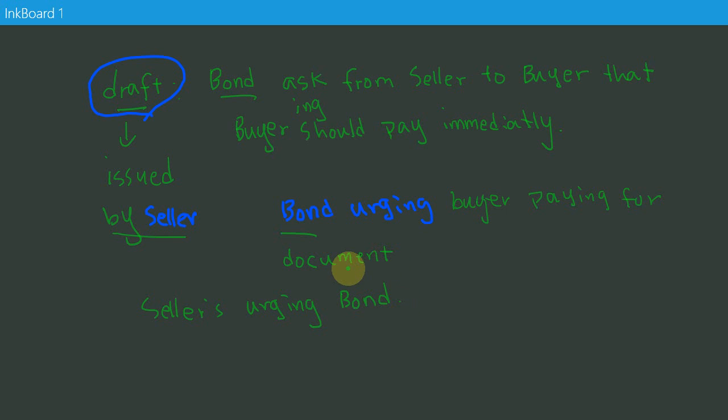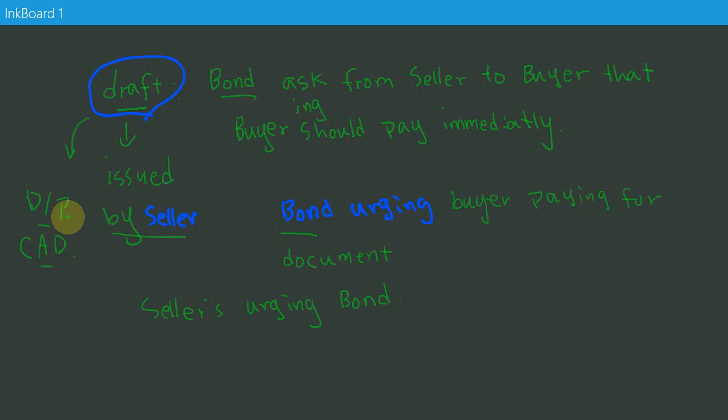So draft is like that. Once a draft is used, it is DP, the same procedure. If draft is not used, that is CAD.